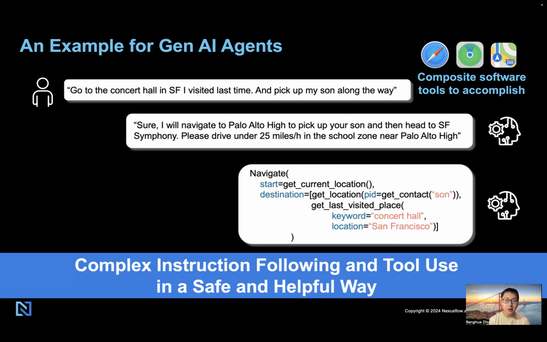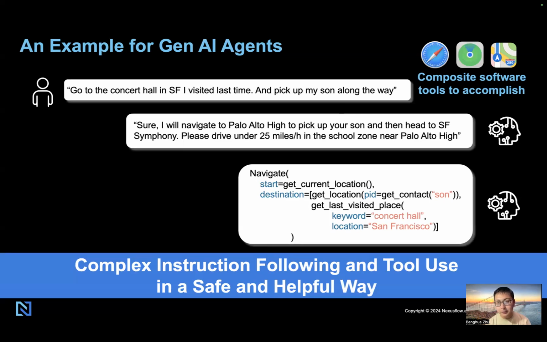So in this case, we hope the agent interacts with the human in a chat interface, saying something like, sure, I will navigate and pick up your son, and then also gives you some suggestions on the driving speed, etc. But behind the chat interface, we also hope the AI agent will actually use existing software to call the functions to execute the task accordingly.